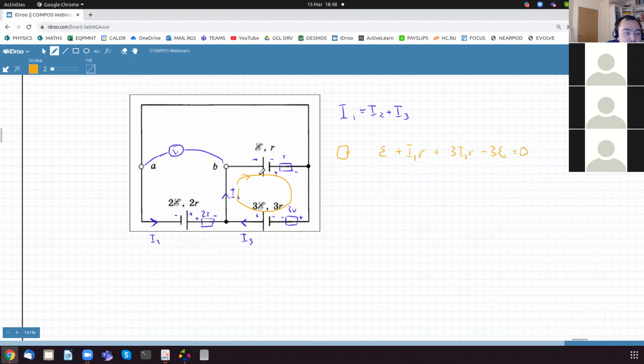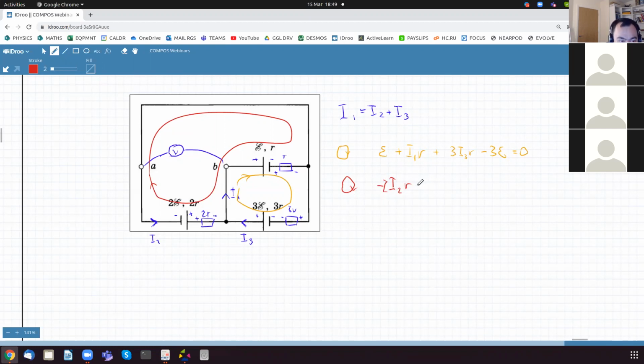That's the first loop. The second loop, I'm going to use this one, the red loop. So I'm going to start with the resistor. So it's minus 2I2R, because it's 2R.